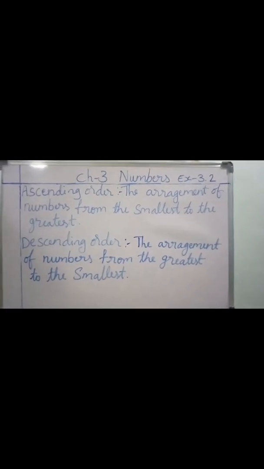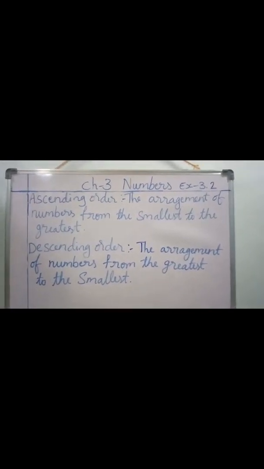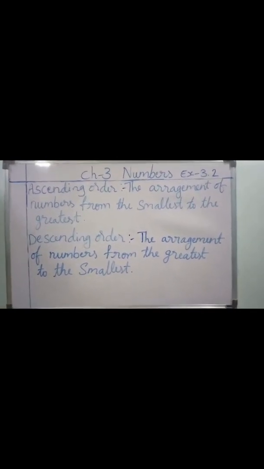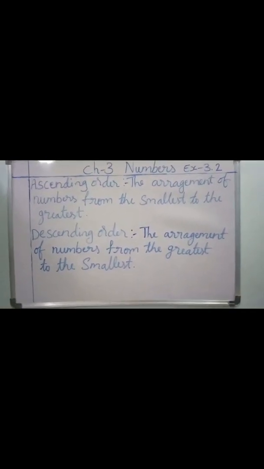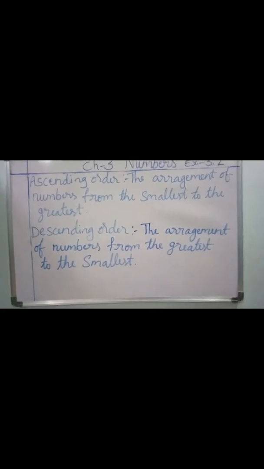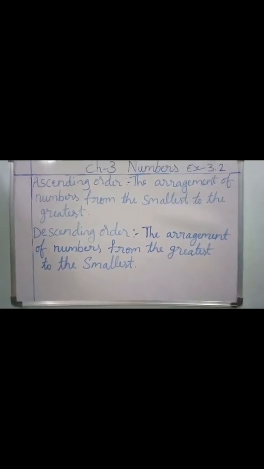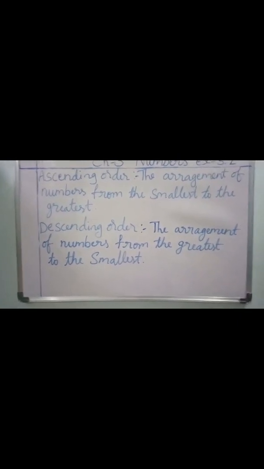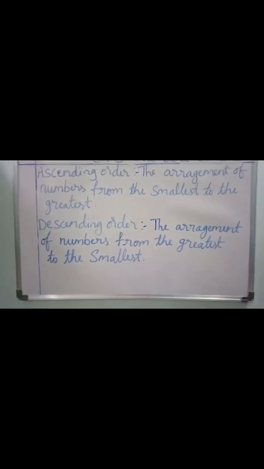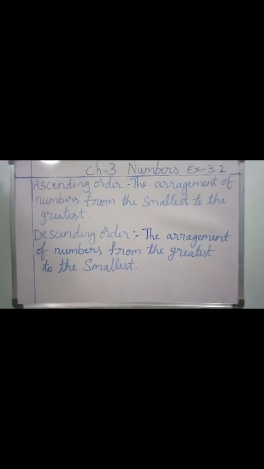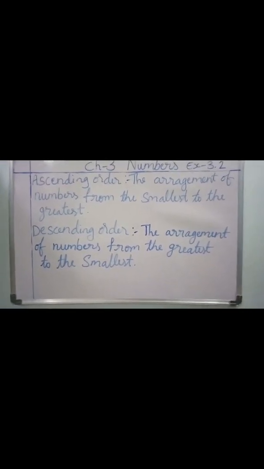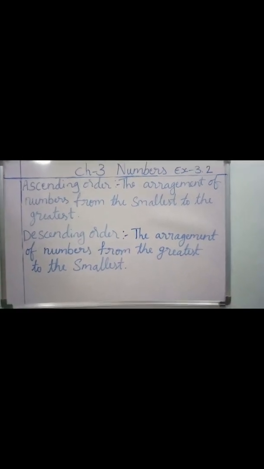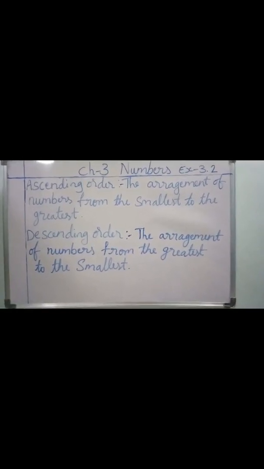Descending order: the arrangement of numbers from the greatest to the smallest. Greatest number to smallest number, arranged in that order, is called descending order. See, ascending order means what? The arrangement of numbers from the smallest to the greatest.